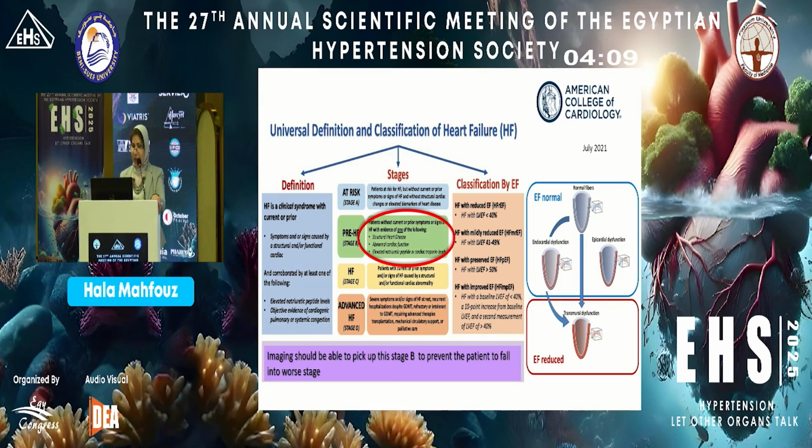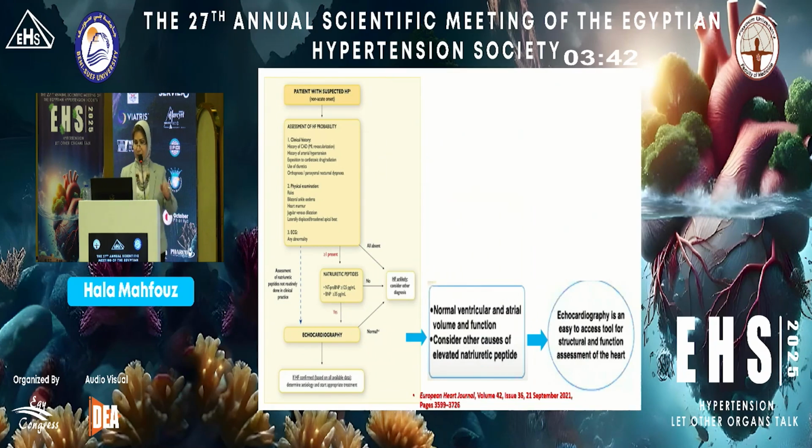So I believe that imaging in this situation is by all means important to pick up the existing changes and to prevent progression from stage B to the worse scenario, stage C and D. So imaging, whether using echo in all its different modalities or other techniques, is important to make the patient stop at this stage and prevent progression to a worse scenario.